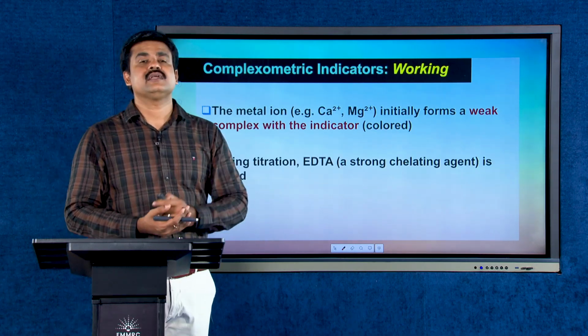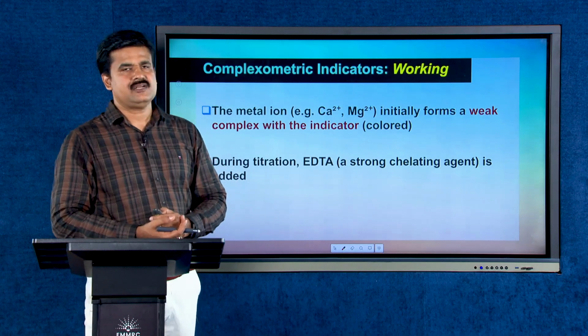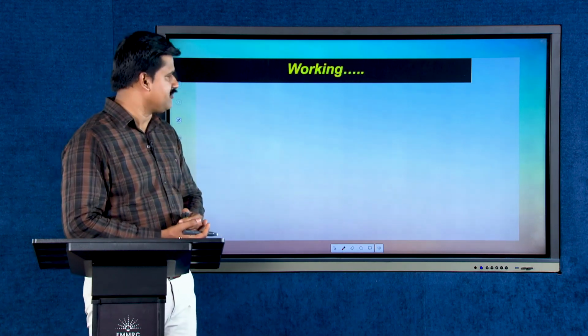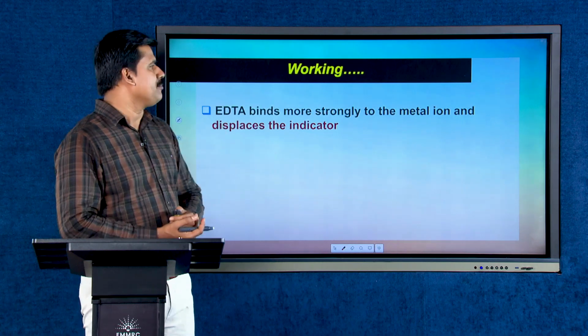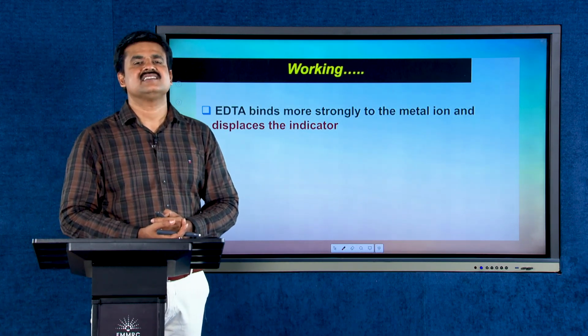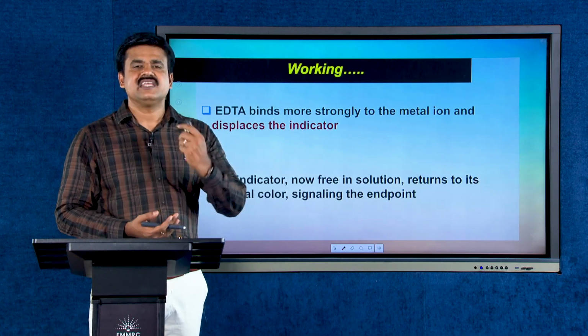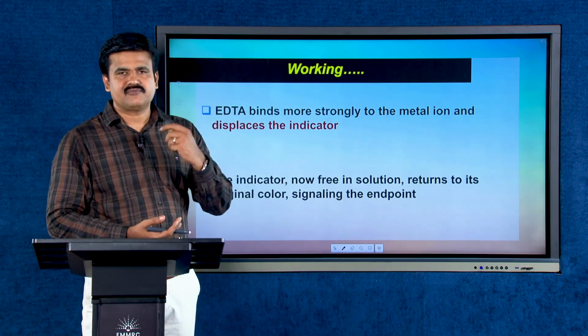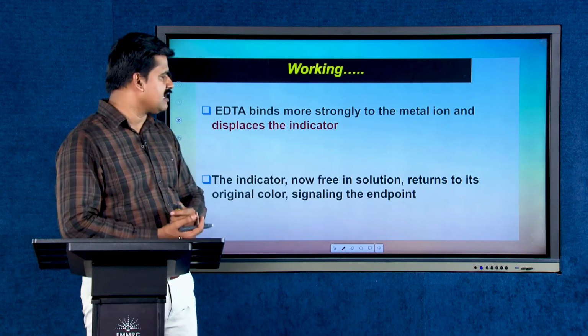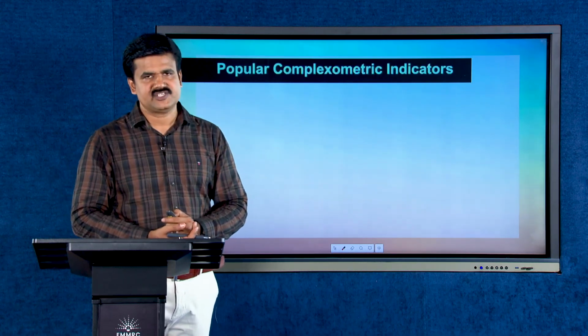Now, during the titration, EDTA, which is a strong chelating ligand, is added. EDTA binds more strongly to the metal ion and displaces the indicator. The indicator, now free in solution, returns to its original color, signaling the endpoint.